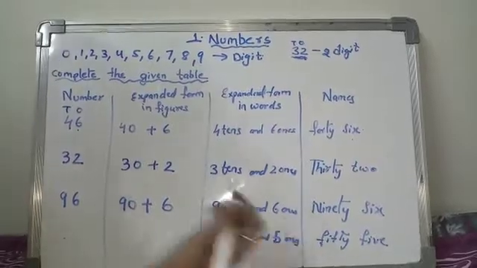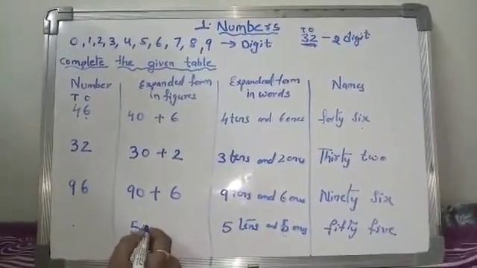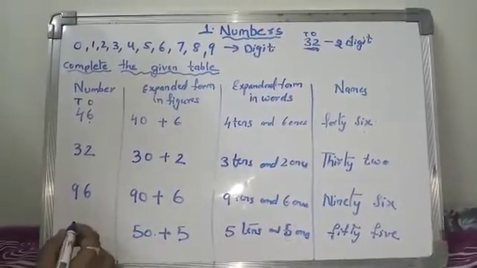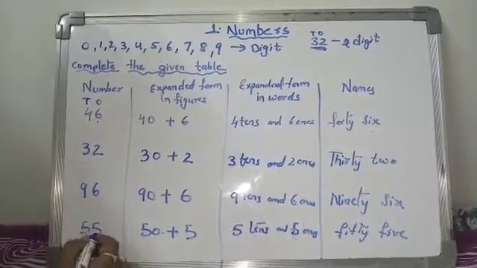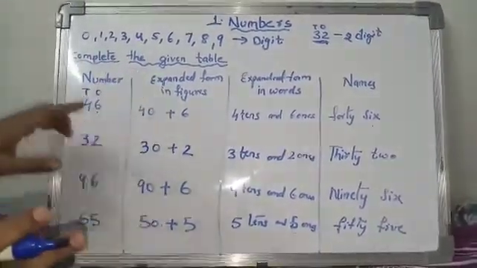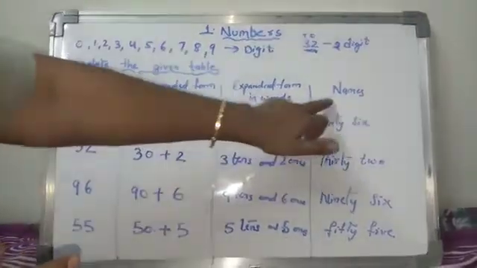Okay children? And in expanded form in figures, 5 tens means 50, plus 5 ones is 5. So how will you write the number? 55. Did you understand, children? This is the complete given table, how you write the numbers in figures, in words and in names.